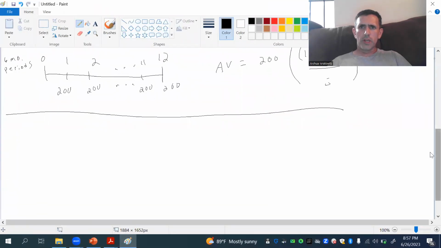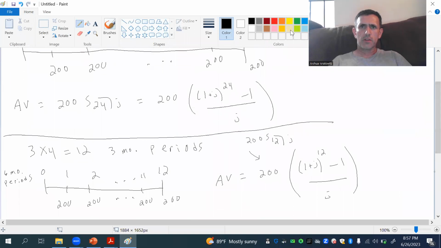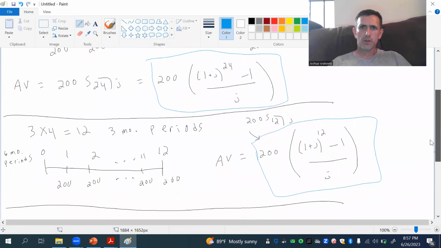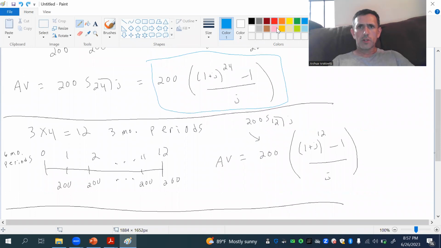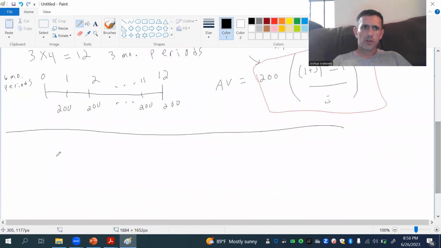All right, so we are given that this amount here is 4 times this amount here. What I have in blue, you might even be able to see where this is going already.